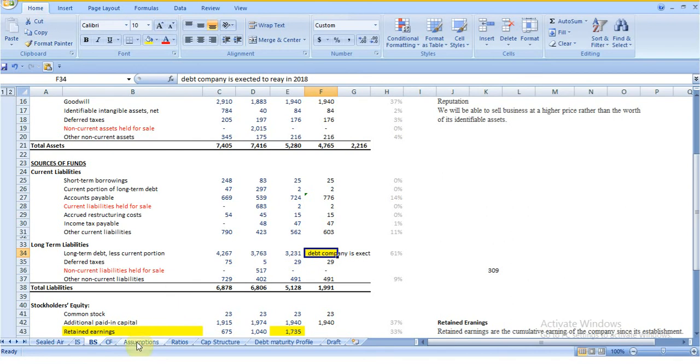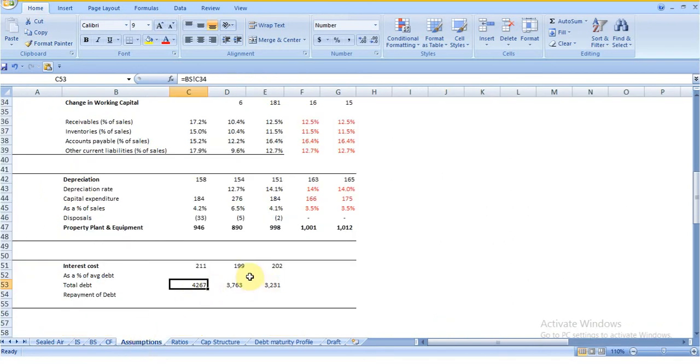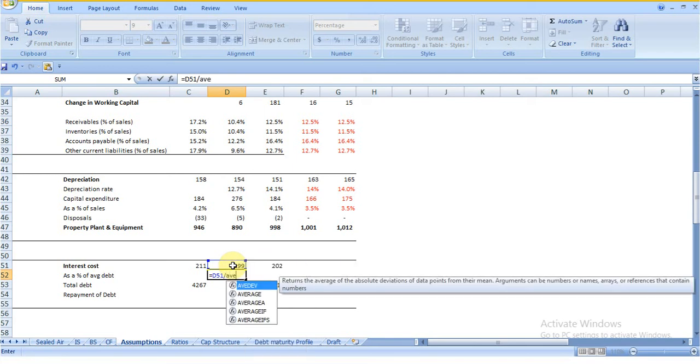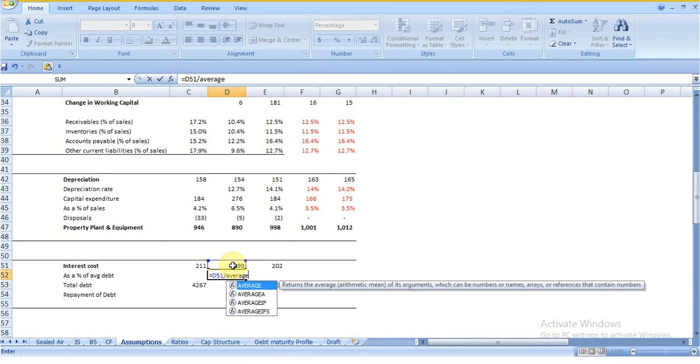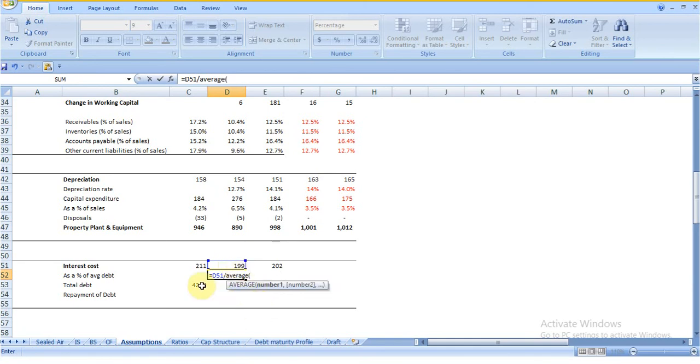Now we will calculate the average interest cost on the average debt. To calculate that, I will calculate interest expenses divided by the average of last year's and this year's, I mean 2016's debt. So this way I have calculated the average interest cost on the average debt of 5%.